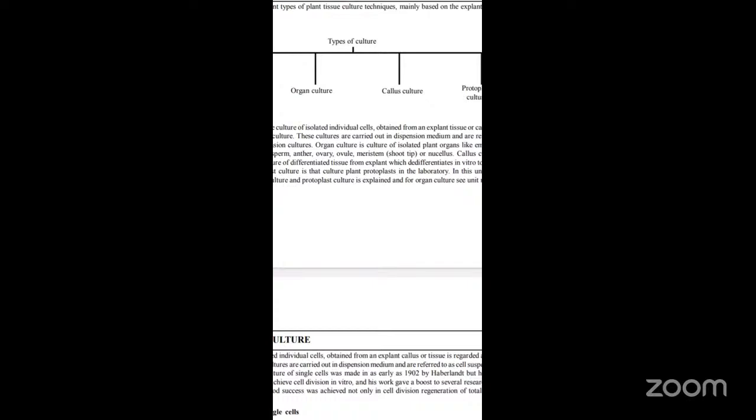The fourth one is the deceleration phase. It is characterized by the decrease in cell division and cell expansion. The fifth one is the stationary phase. It is represented by a constant number of cells and their size. The batch culture can be maintained by the continuous transfer of small cells.